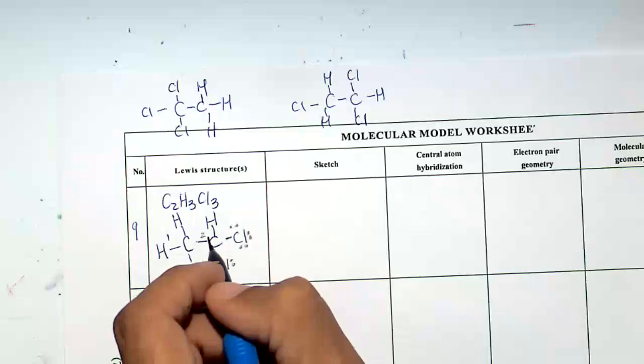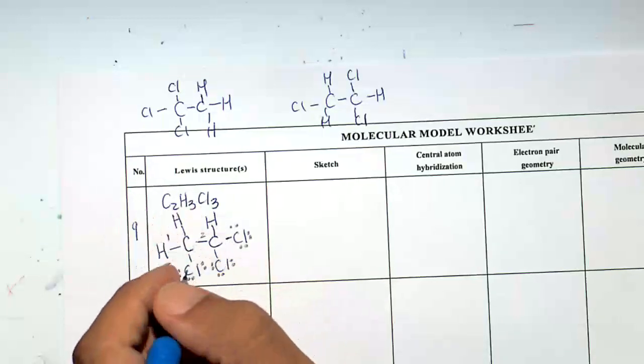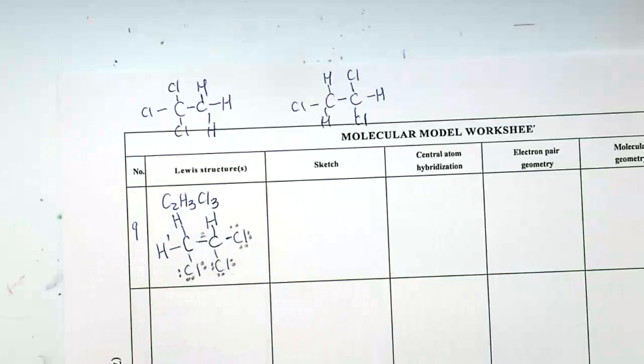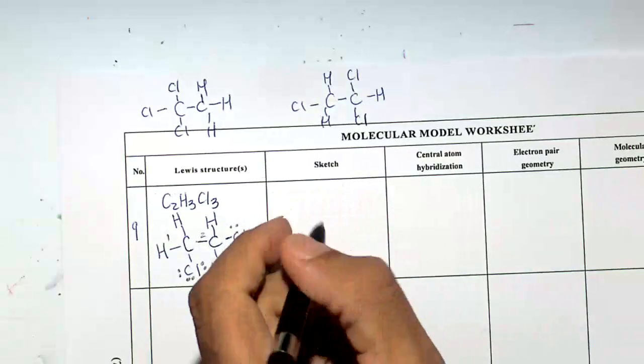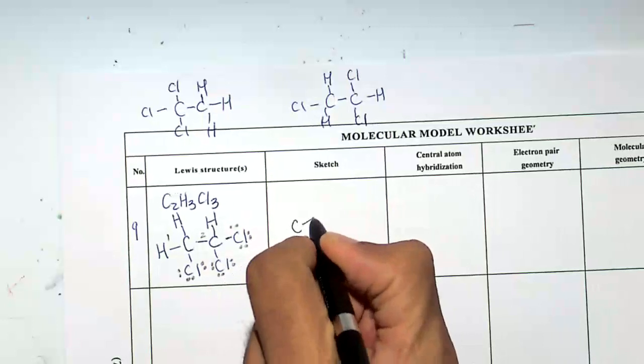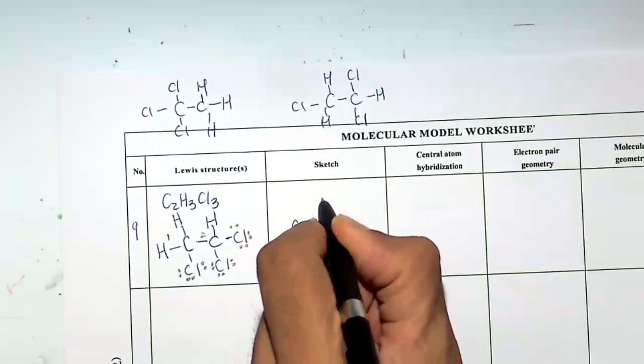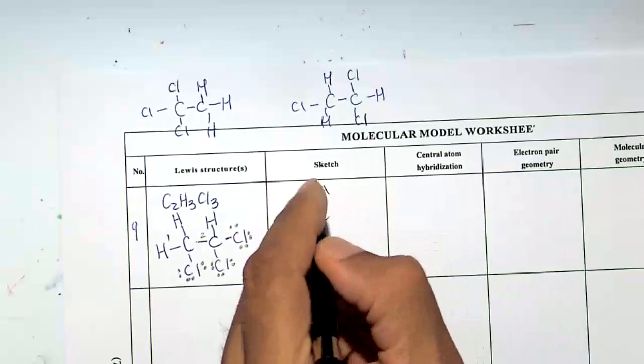Very good. And what about carbon number 2? 4 and 0. Okay, so what is 4 and 0? Tetrahedral.